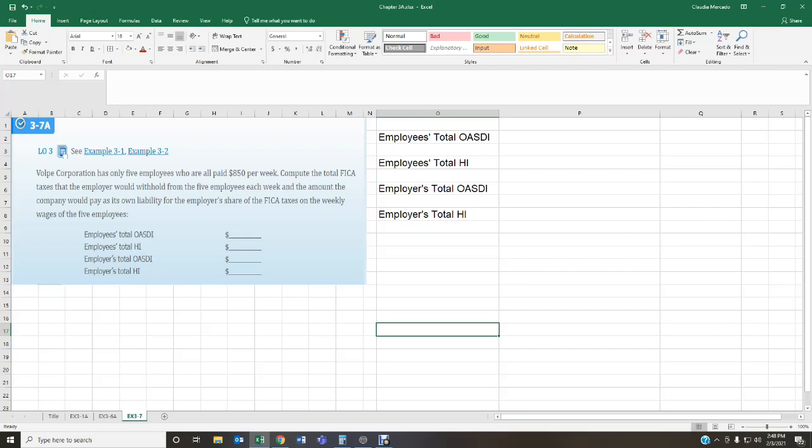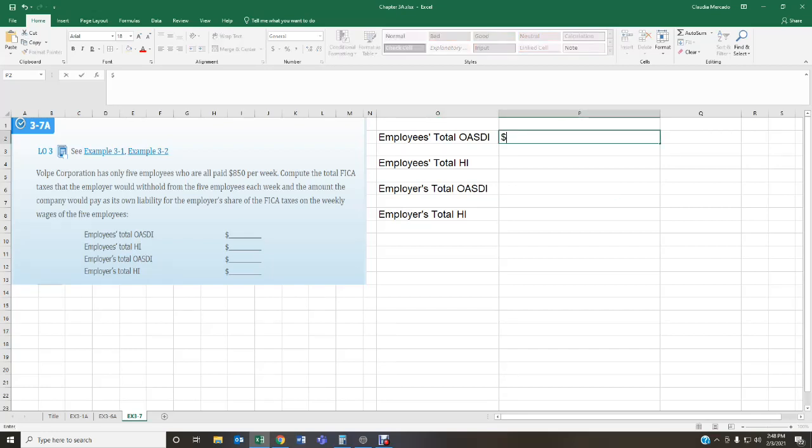We're being asked to compute the total FICA taxes that the employer would withhold from the 5 employees each week and the amount that the company would pay as its own liability for the employer's share of the FICA taxes on the weekly wages of the 5 employees. So we're being asked to calculate the employee's total OASDI, the employee's total HI, the employer's total OASDI, and the employer's total HI.